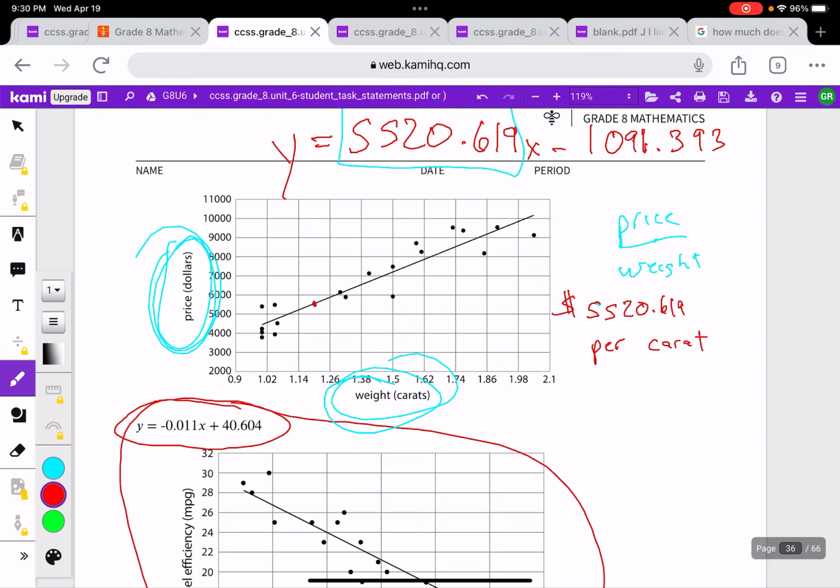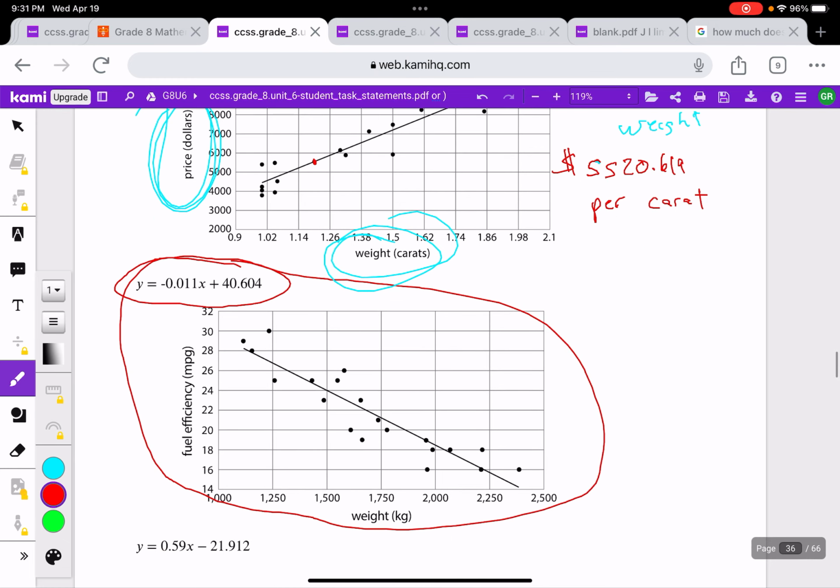Number 2, go ahead and put a big box around the slope. You can clearly see that the slope is going down there. The slope is that negative 0.011 going down. So something is going down. So what does that even mean? Well, it has something to do with fuel efficiency and weight, or the miles per gallon and kilograms.